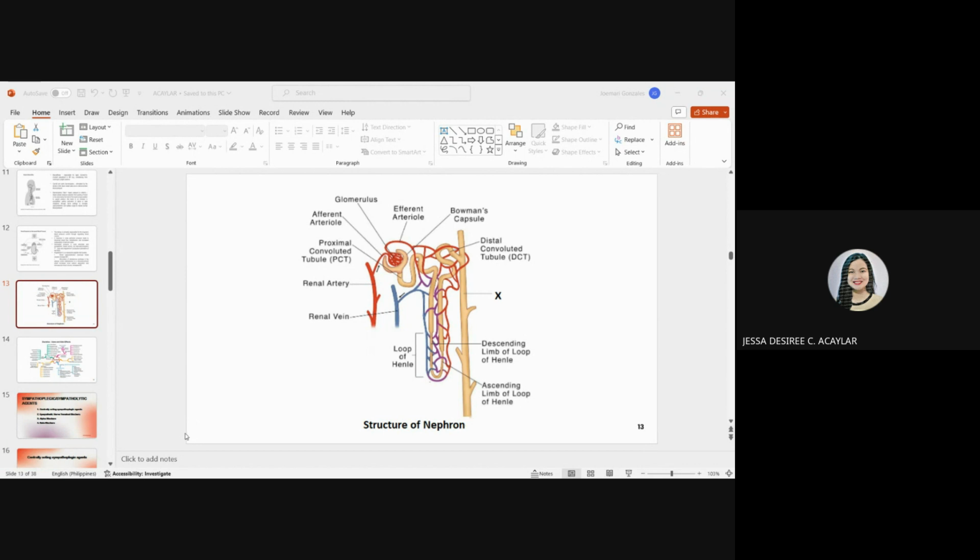Puwede din po nagkaka-toxicity yung mga renal stones, renal potassium wasting, and hypophosphatemia. Nagko-cause rin po siya ng drowsiness and hypersensitivity reaction. Contraindicated po siya sa may cirrhosis dahil magko-cause siya ng hyperammonemia and hepatic encephalopathy.